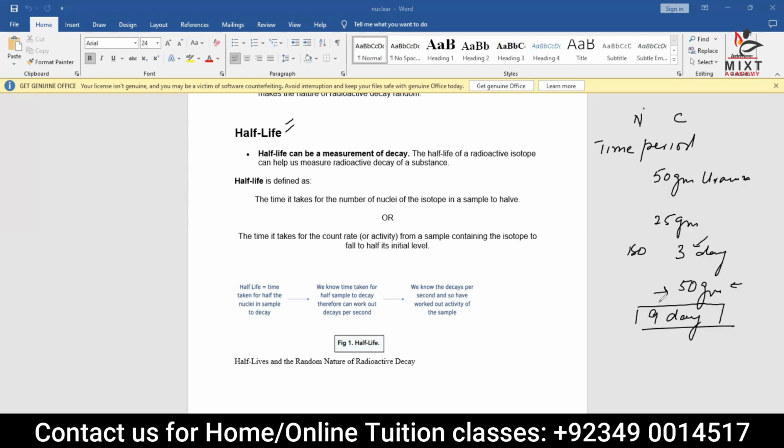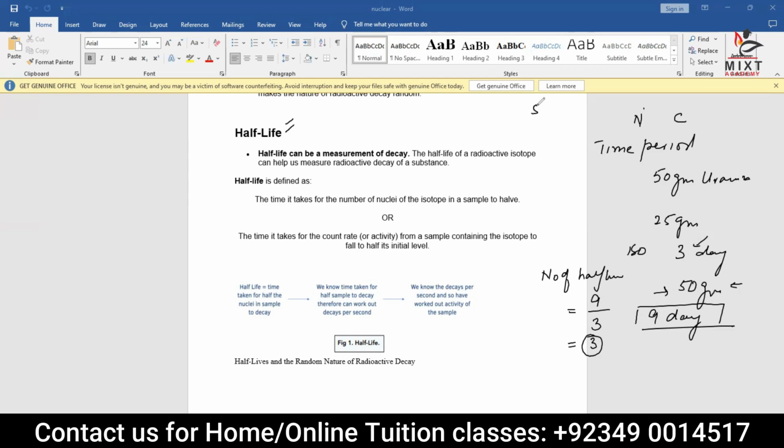In 9 days, how many half-lives have passed? 3 days is a single half-life. So for the number of half-lives, there is a formula: total years or days, whatever, divided by the half-life, which is 3 in this case. So we get 3 half-lives. It means 3 times your mass will be divided by 2.